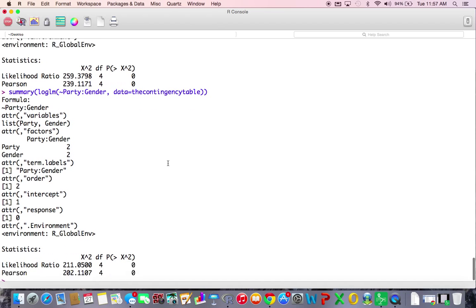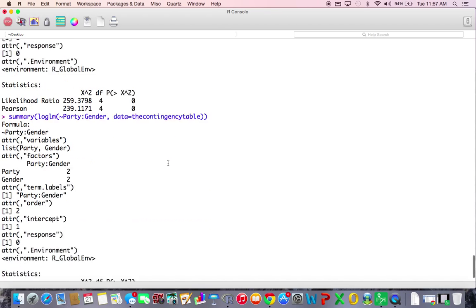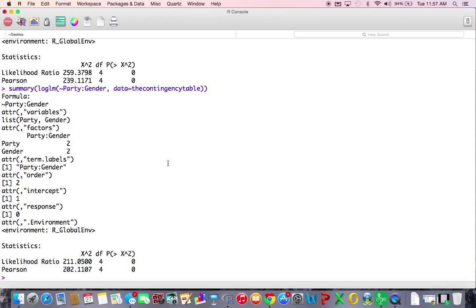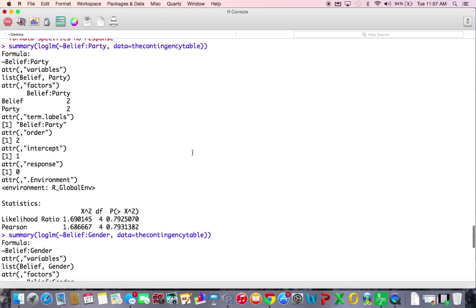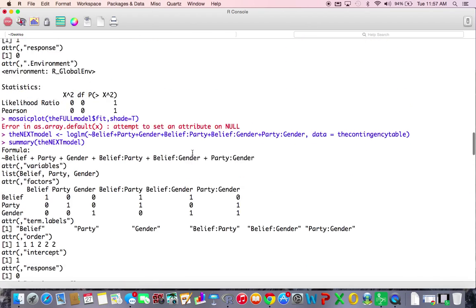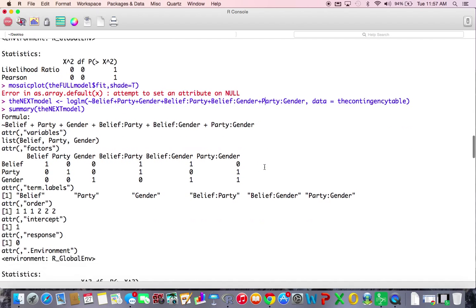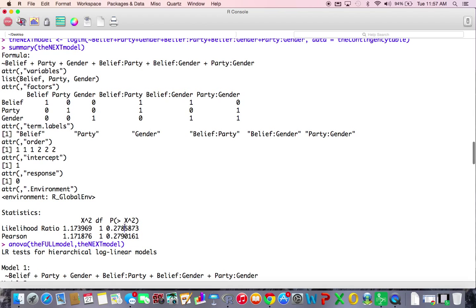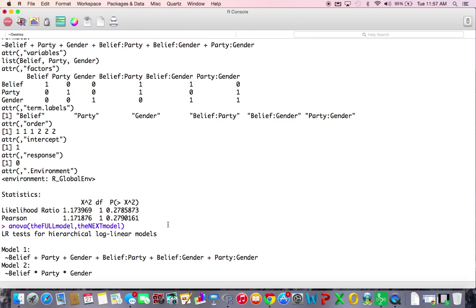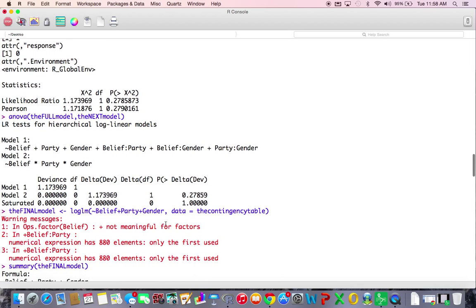So let's step back and take a deep breath and let's think about what we did. The very first thing we did is we examined the saturated model. It was non-significant. That told me that I needed to go on to the next model and include all the main effects and all the two-way effects. When I ran this model, I got non-statistical significance as well. So that tells me that I need to go on to the next order interaction model, which was just examining the main effects.